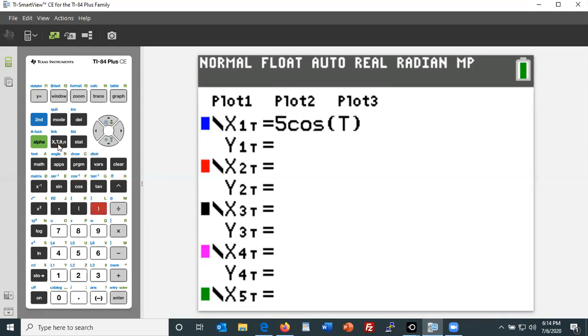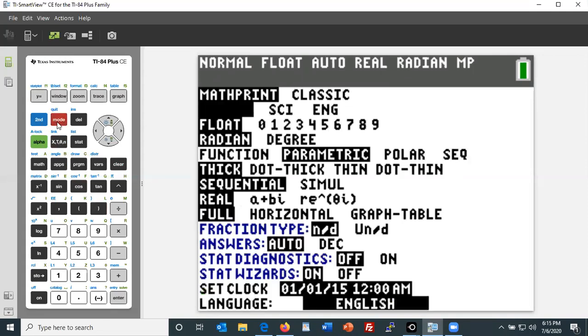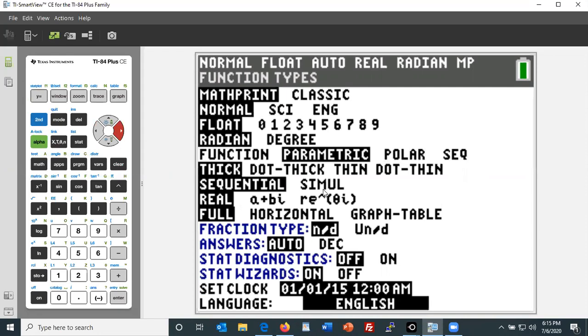These 4 letters correspond to the 4 different modes on your calculator. In function mode, x will pop up. In parametric mode, like we are now, t will pop up when you hit this button. In polar mode, theta will pop up. And in sequence mode, SEQ, n will pop up as your variable. So in case you're wondering why there's 4 letters on that button, they correspond to these 4 modes.